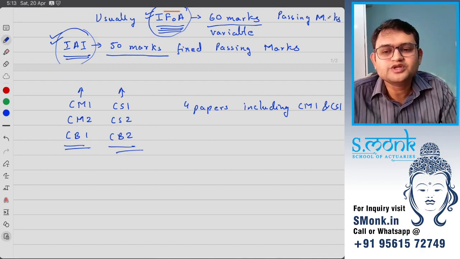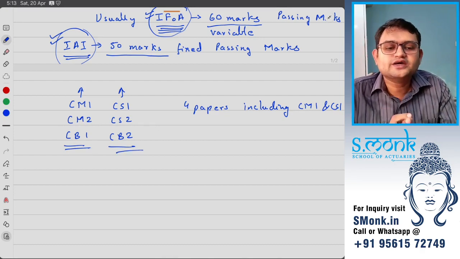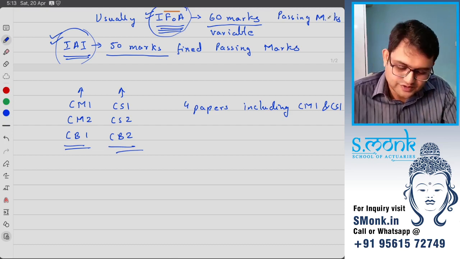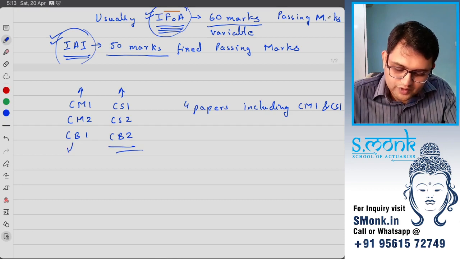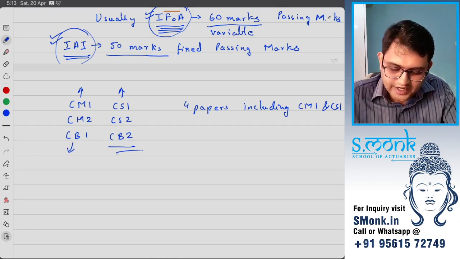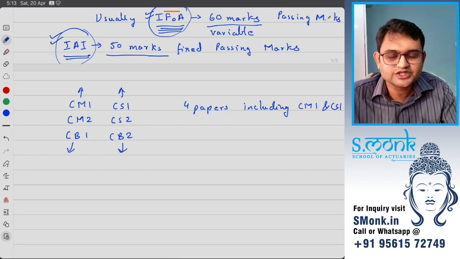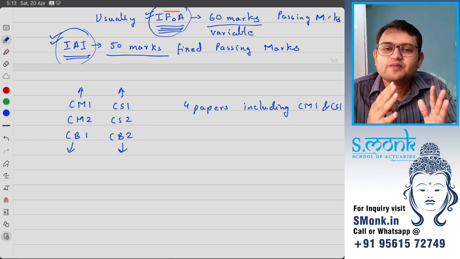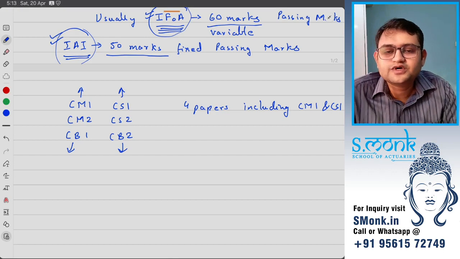So there's no company who actually requires that you should clear CB1 or CB2. They are just filler papers. Okay, so CB1 is about accounting and finance, and CB2 is economics. So these are basics that you should know, but there's no requirement directly in any of the fields that we work in.